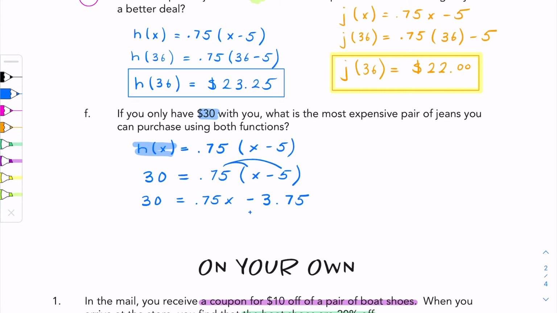I'm going to add 3.75 to both sides. That gives me 33.75 is equal to 0.75x. I'm going to divide both sides by 0.75. And when I do that, my solution is 45.